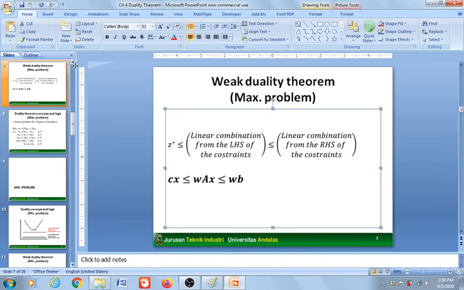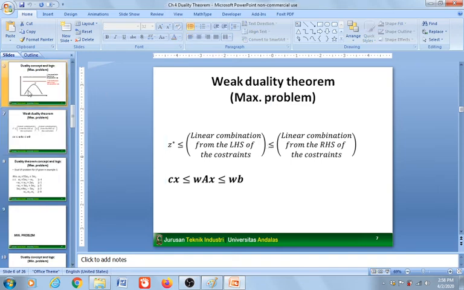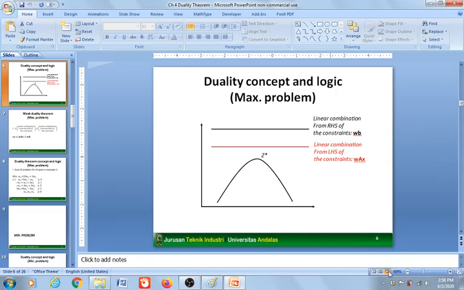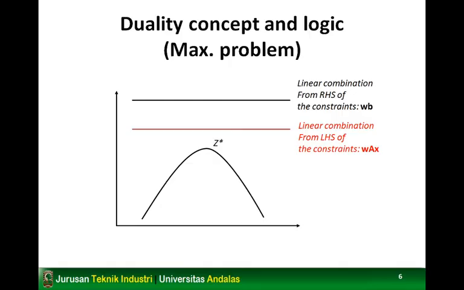When we draw it, it is somehow like this, but it is not correct because we have a non-linear function over here, but it's okay. This is the linear combination of the right hand side, and this will be the upper bound of z star.